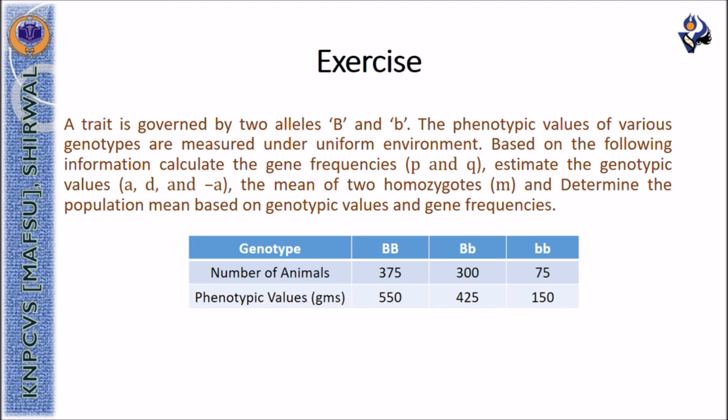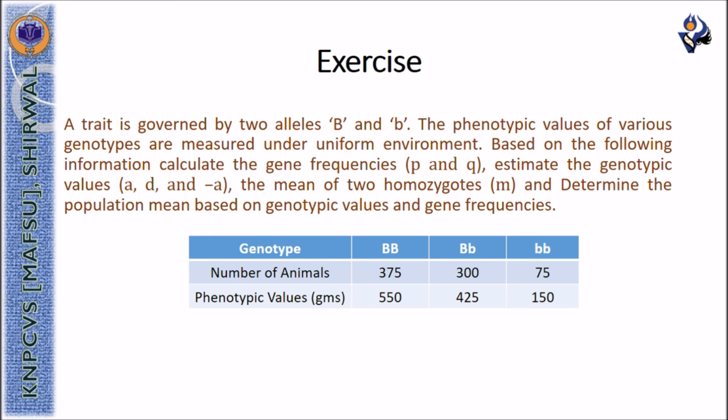Based on this talk, we have an exercise for you as your homework. This problem states that a trait is governed by two alleles, dominant B and recessive small b. The phenotypic values of various genotypes are measured under uniform environment.